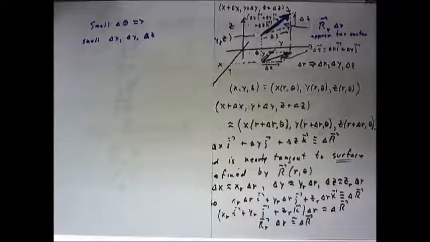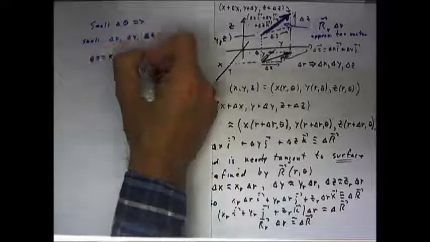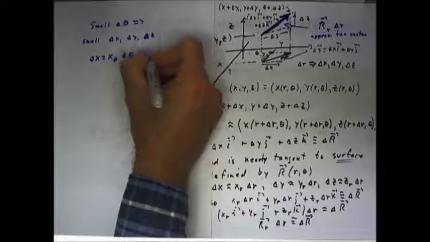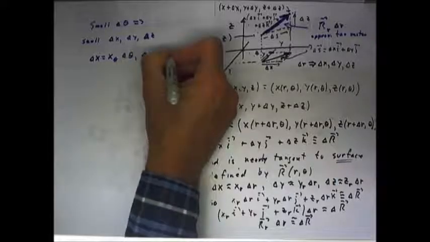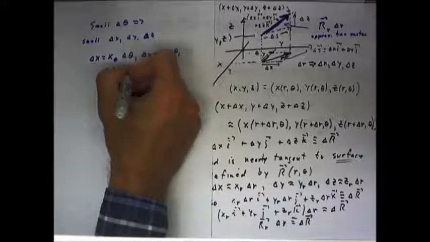It's very clear that if our vector function R is a function of little r and theta, then a change in theta is going to give us a small delta x, delta y, delta z, where delta x equals x sub theta delta theta, delta y equals y sub theta delta theta, and delta z equals z sub theta delta theta.